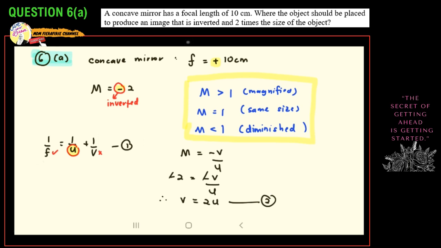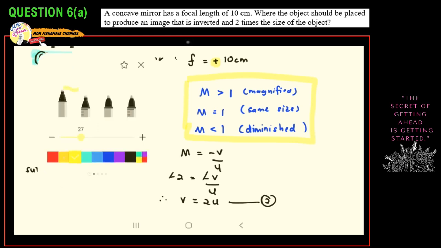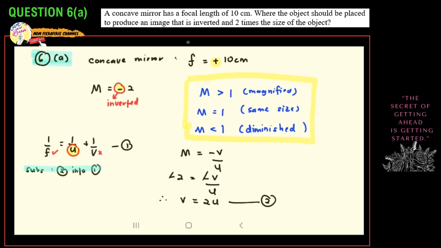Alright, so now let's substitute equation 2 into equation 1. So it will be 1 over 10 is equal to 1 over U plus 1 over V. So since V is equal to 2U, it is equal to 1 over 2U.